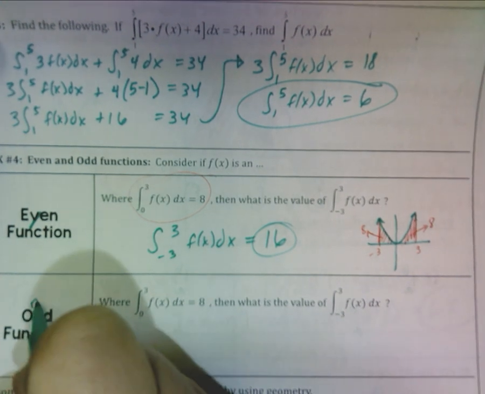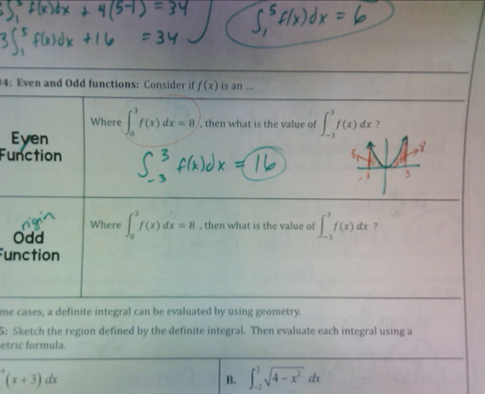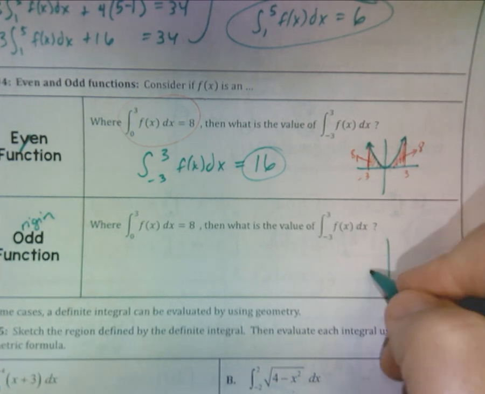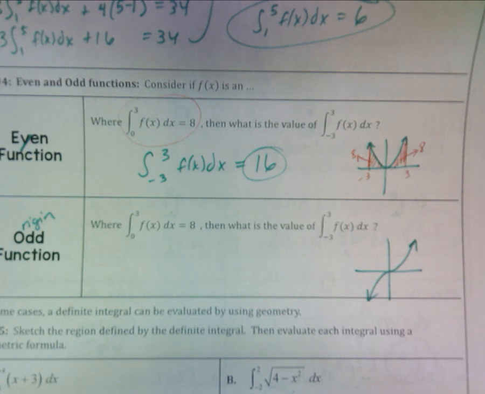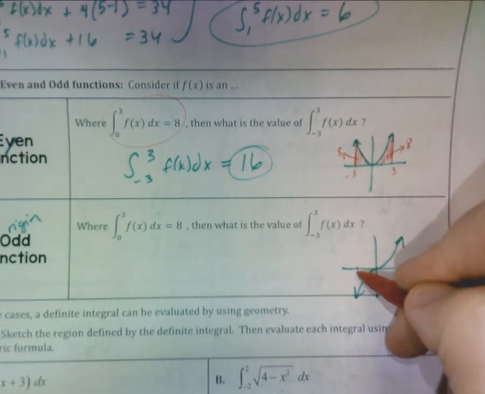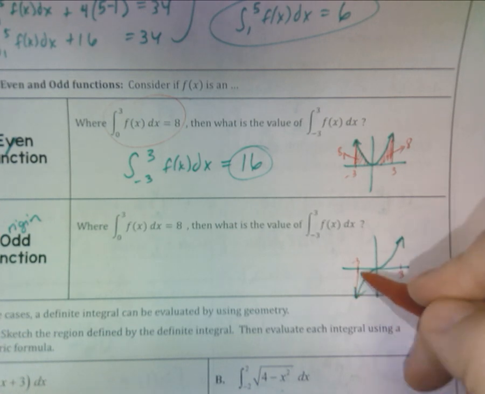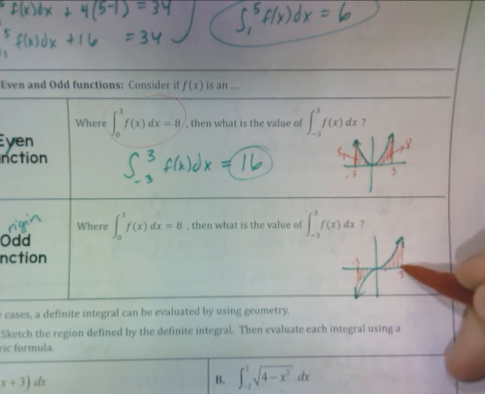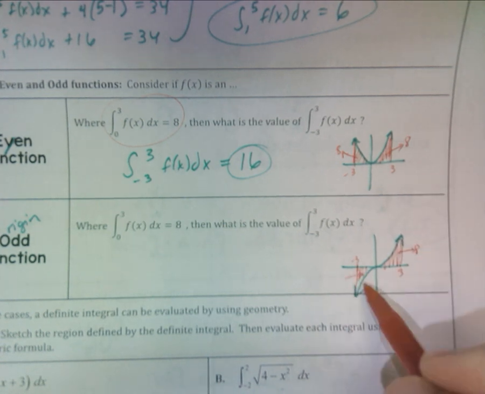Now, odd function, a little bit different there. Odd, remember it flips over the origin, odd origin. Okay, so let's take good old the cubic one. I love the cubic one. So if we're going again from negative 3 to 3, and I'm telling you that from 0 to 3, this is 8, what logically can you assume this is?